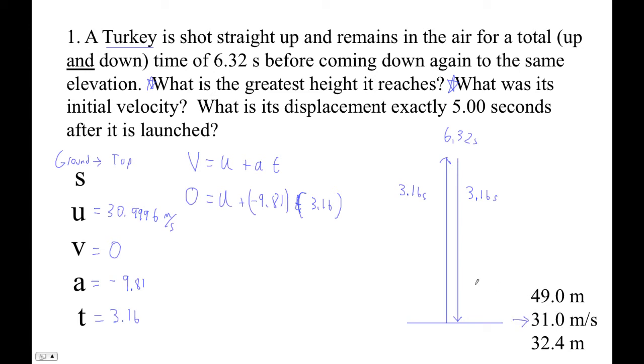Okay, and then let's figure out this displacement. Well, let's see. I could use s equals u plus v over 2 times t. I don't really have any good options because I don't have a no u. So that equals 30.9996 plus 0 over 2 times 3.16.